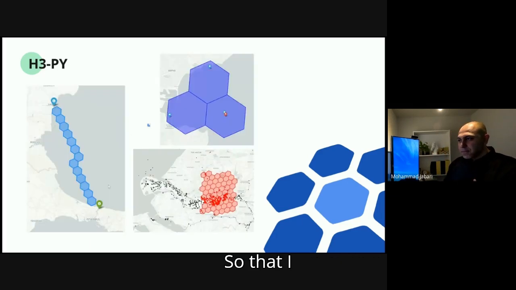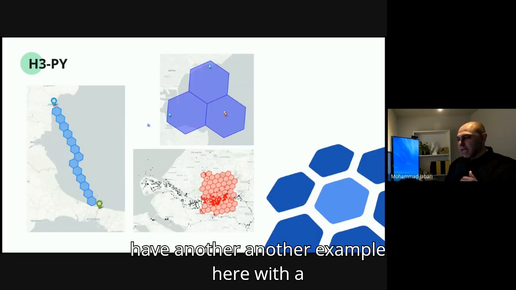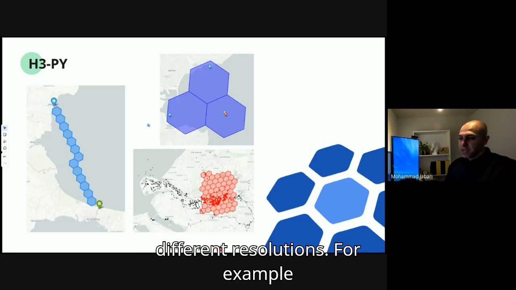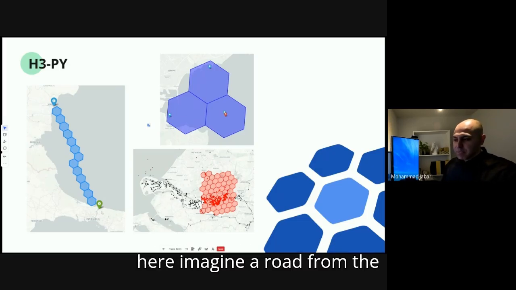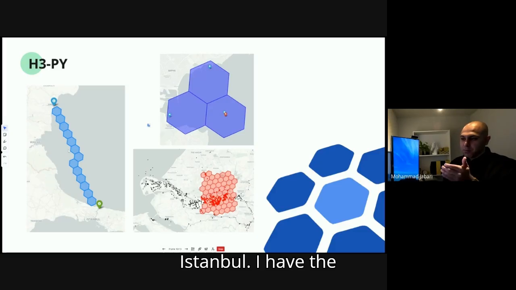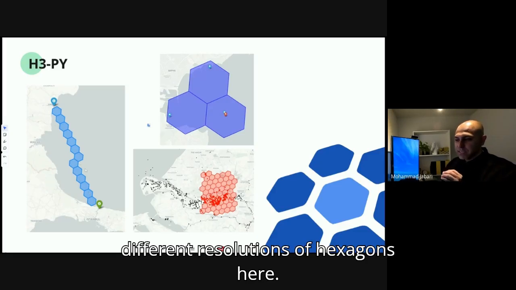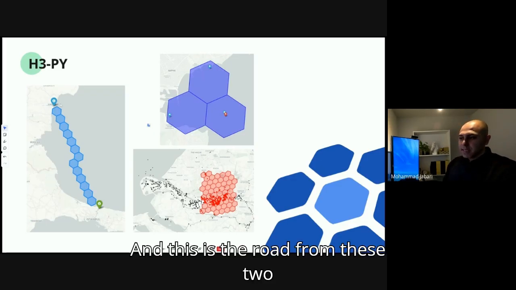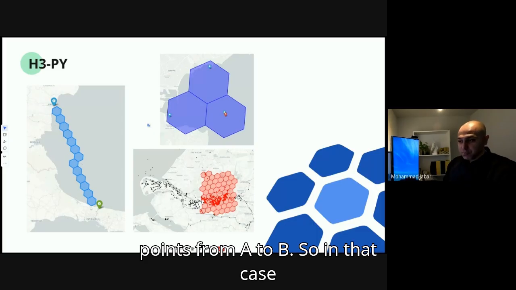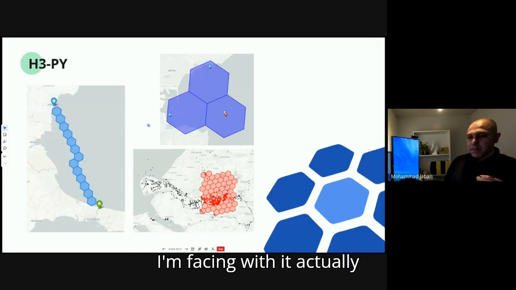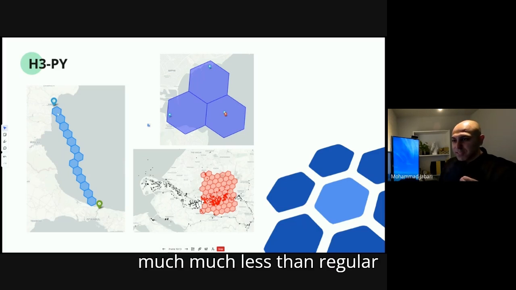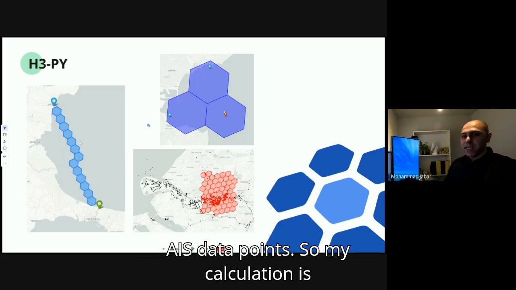I have another example here with different resolutions. For example, imagine a road from Istanbul. I have different hexagons here, different resolutions of hexagons. And this is the road from these two points, from A to B. So in that case, I'm facing much fewer points than regular AIS data points.